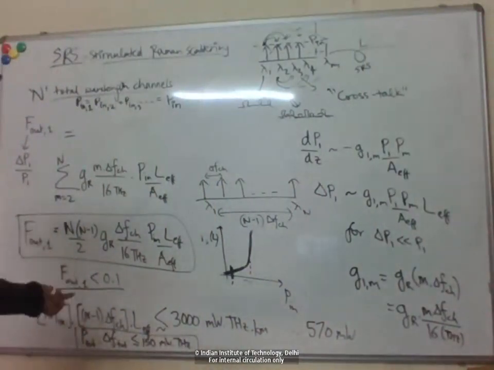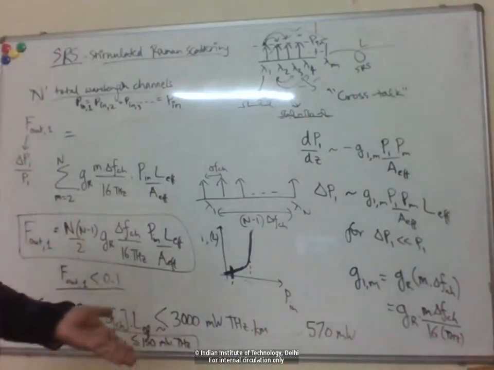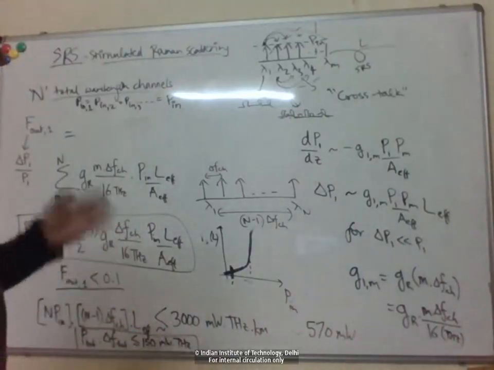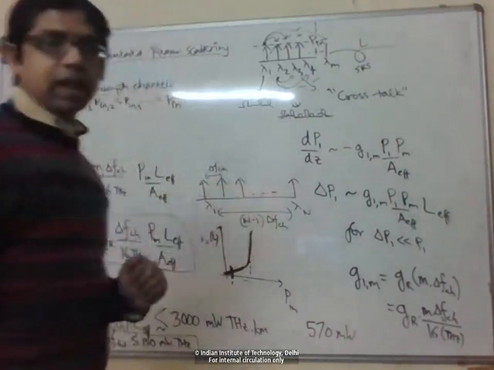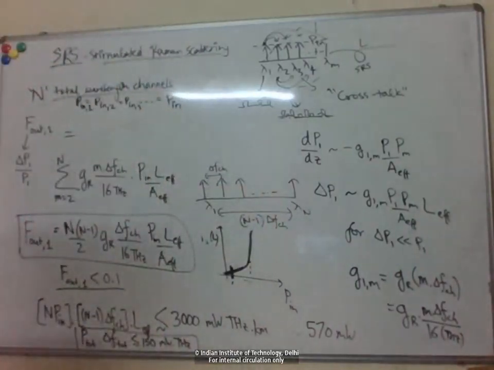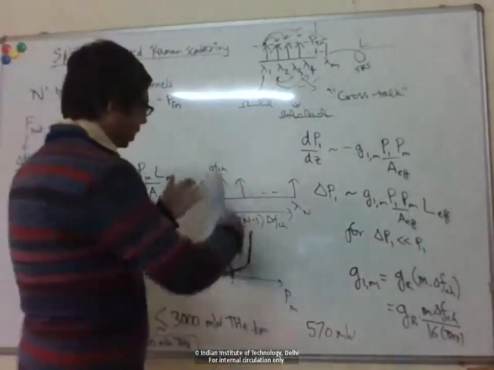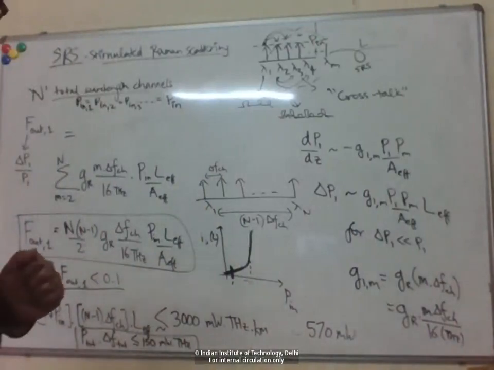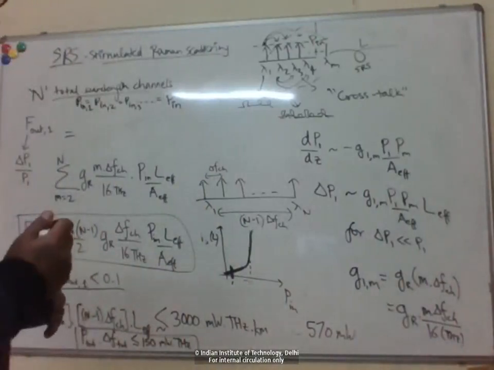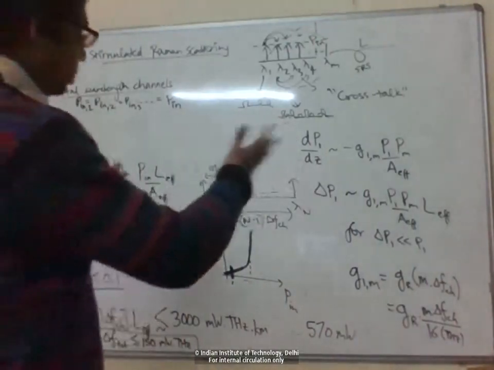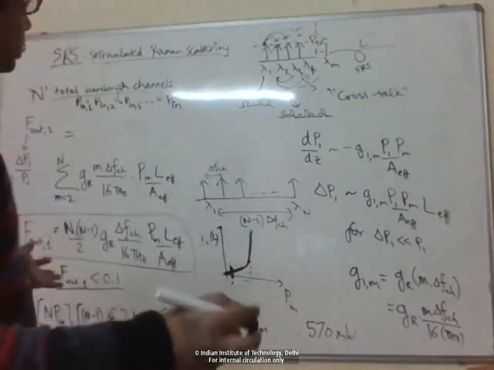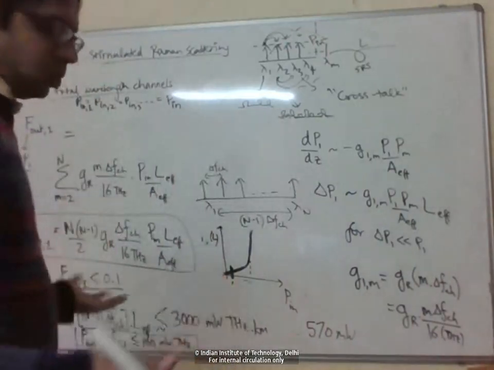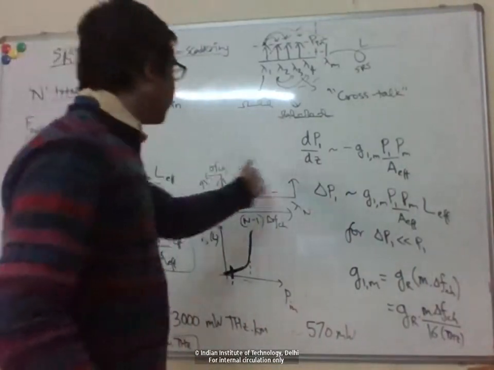So you can see that basically it puts a restriction on the power per channel I can send, given the number of channels I want to use, right? So due to this nonlinear coupling, without this, you might think that all these channels are independent, right?